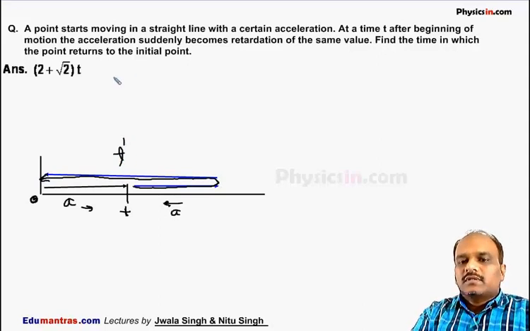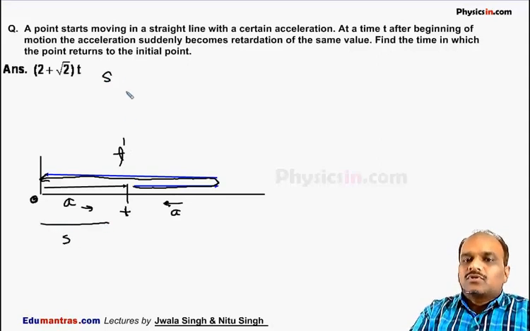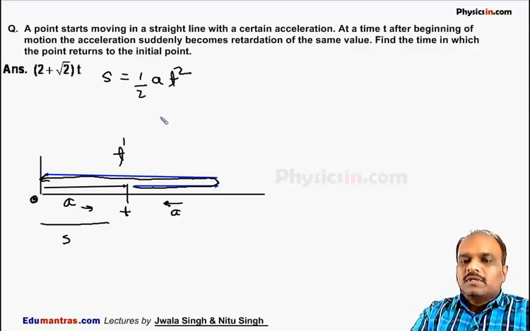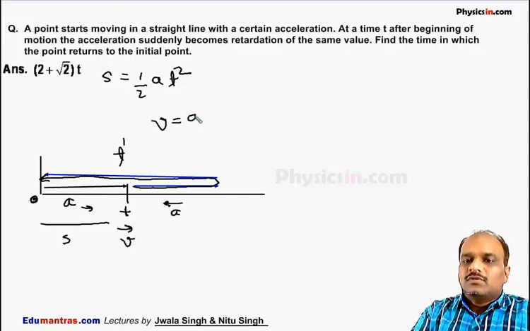Let this distance be s. So s is equal to ut plus 1 by 2 a into t square. Similarly, the speed at this instant is v equal to a into t.